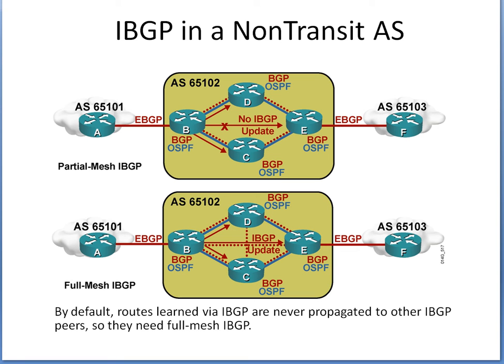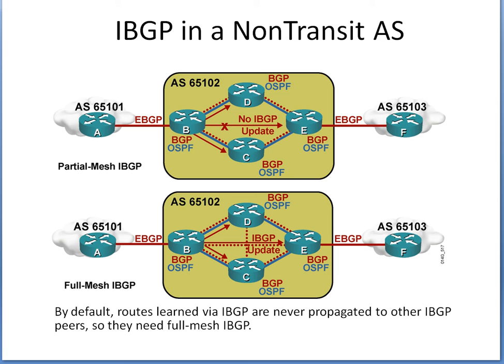Your transit area is partially meshed, meaning there is no physical connection between B and E, and there is no neighbor relationship between B and E, but you have neighbor relationships between B and D, and between B and C. So no BGP update is sent from B to E.